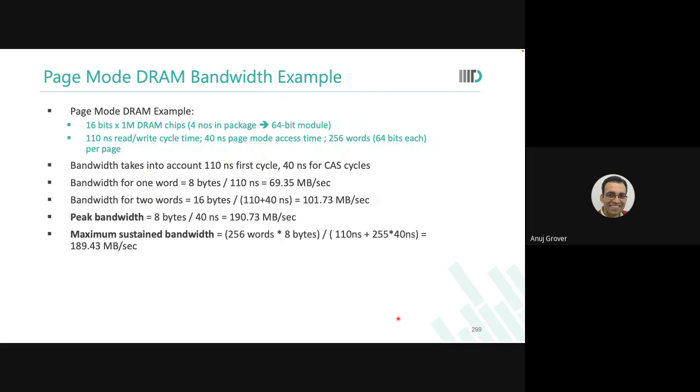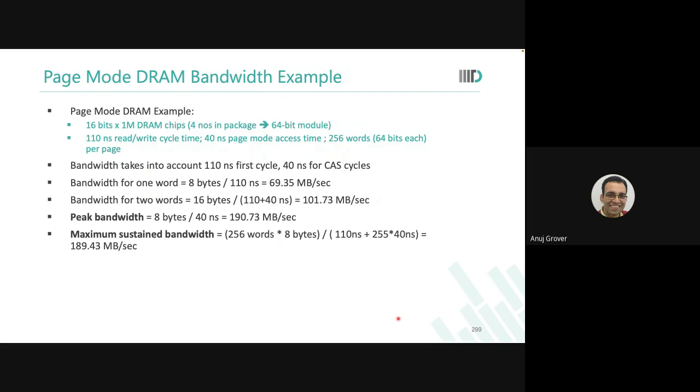I want to find out what is the peak bandwidth of this package. What would it be? 8 bytes, but after the first, peak bandwidth can be at any time. When do you get the highest, fastest speed? When you only change the column address, and then the words start to come out.